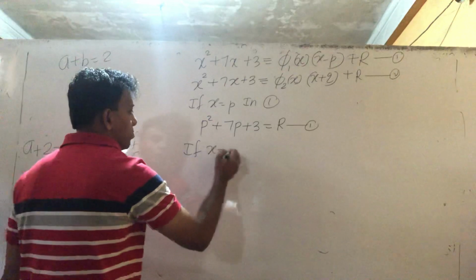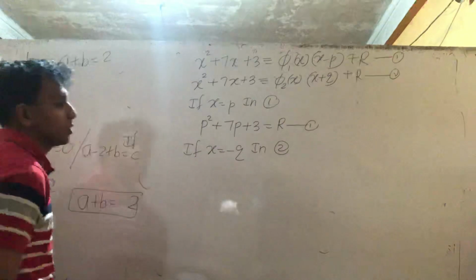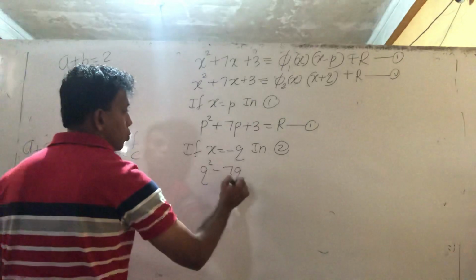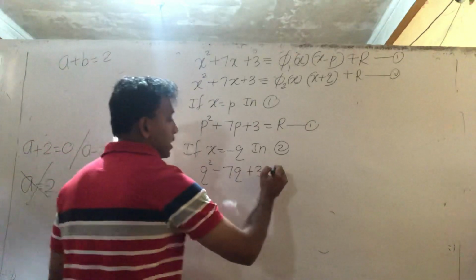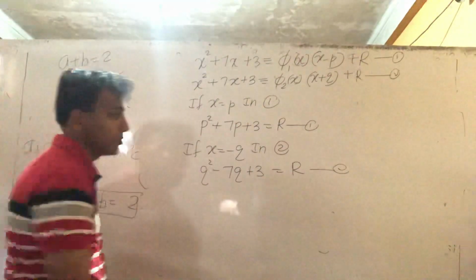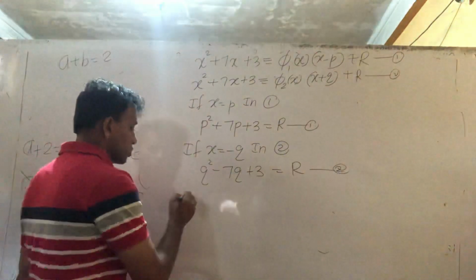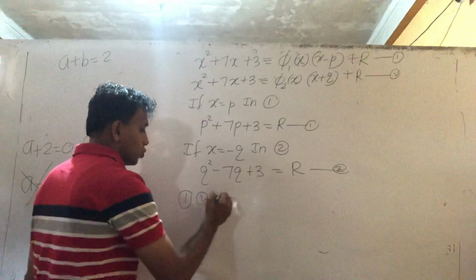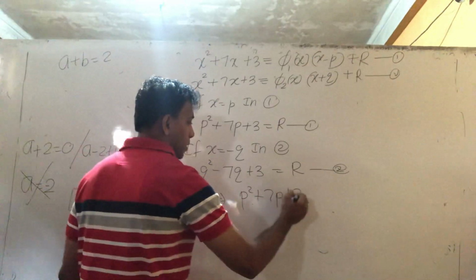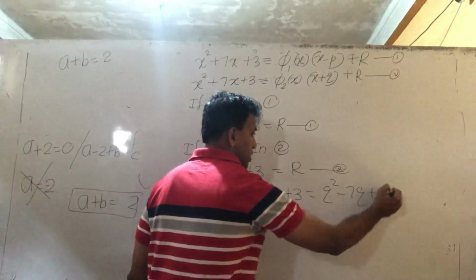You have q square minus 7q plus 3, once again equal to r. Second equation, number 2. Now equate both, 1 and 2, and that gives you the answer. p square plus 7p plus 3 equal to q square minus 7q plus 3.